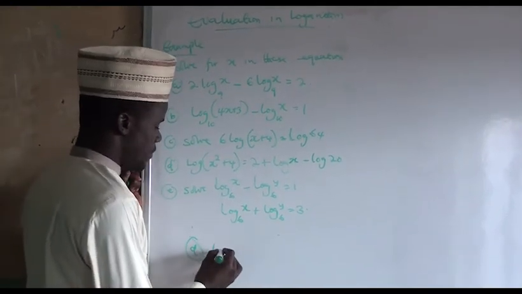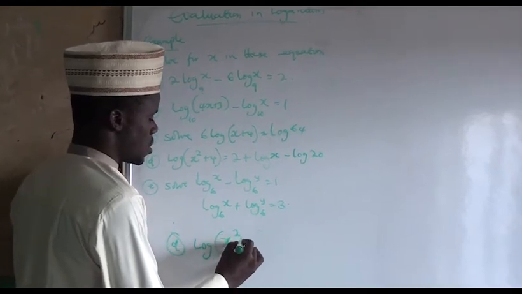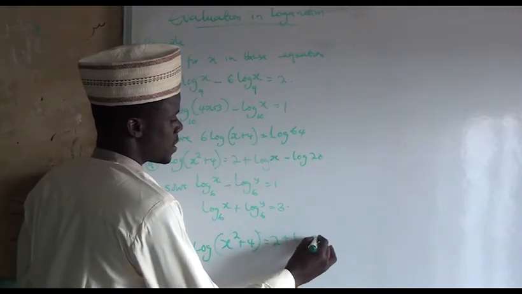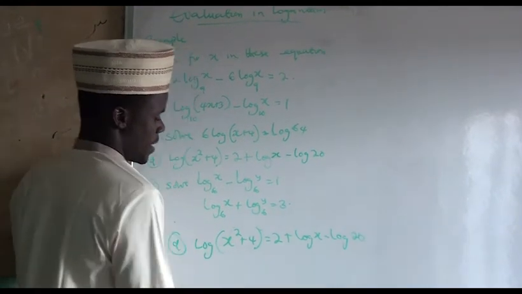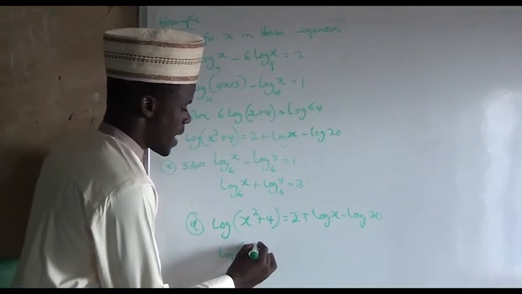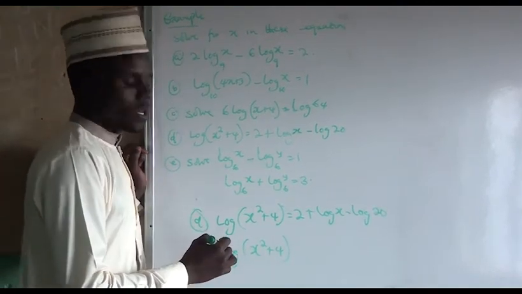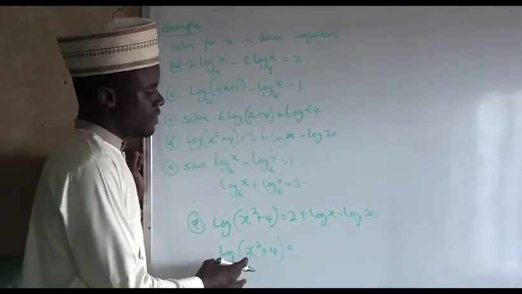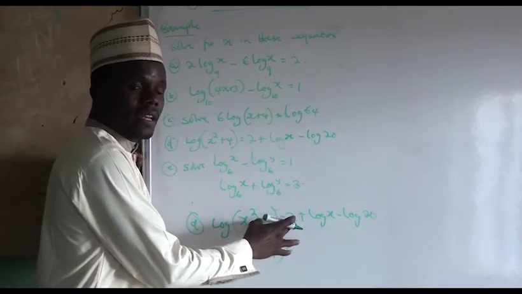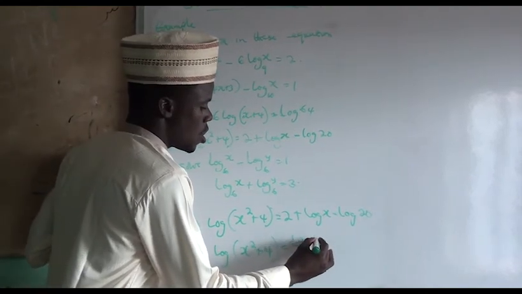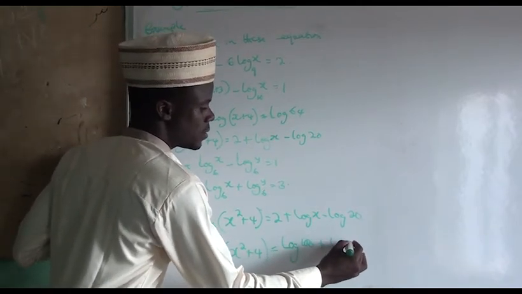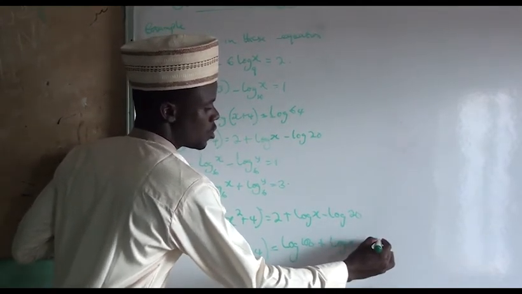The d here, we have log of x squared plus 4 equals 2 plus log x, then minus log 20. So in this case, we can replace 2 under base 10, which is the same thing as log 100. So log of x squared plus 4 equals log 100, that is 2, plus log x, then minus log 20.